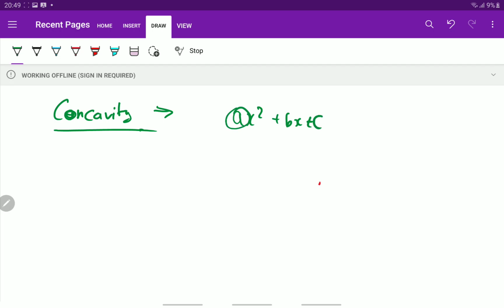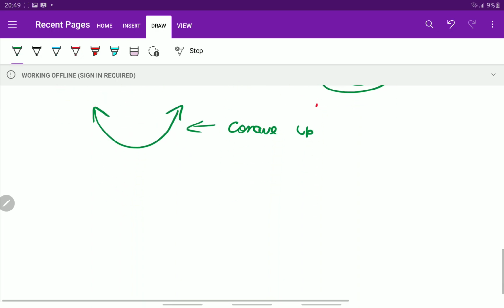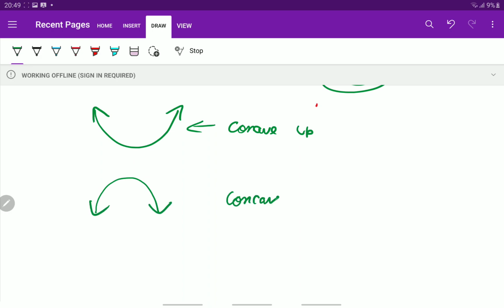If this a is positive, then the parabola is facing upwards. We say that this parabola is concave up. But suppose there's a negative in front of the a. Suppose this a is negative, then the parabola is concave down. So it's facing down.